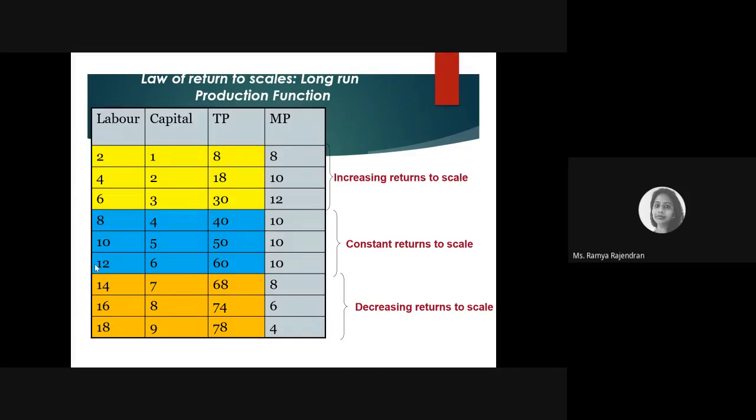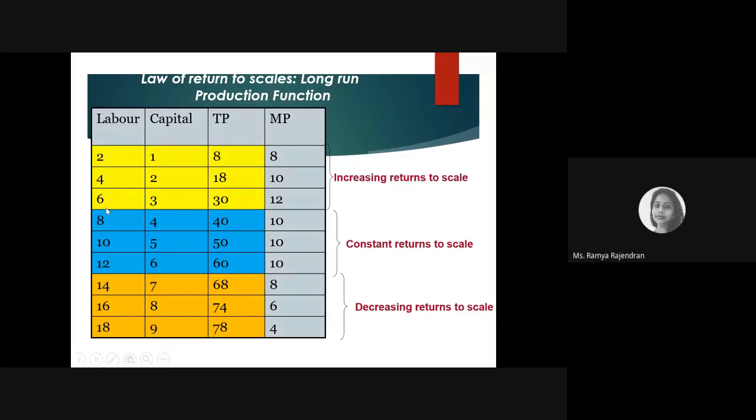So I have only two factors here, labor and capital. Labor is increasing from 2 to 18, and capital is increasing from 1 to 9. The total product is the number of products manufactured with the different amounts of factors. The marginal product is also increasing and then starts decreasing as earlier, but here it is not going negative.